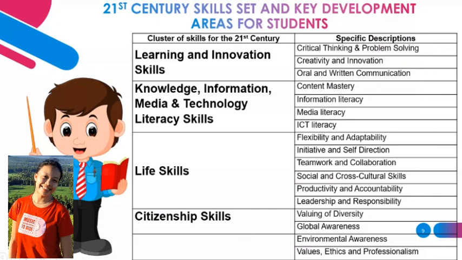First is valuing of diversity, which is the understanding of each individual and recognizing individual differences. Global awareness is the ability to understand and build unity between diverse cultures. Next is environmental awareness.